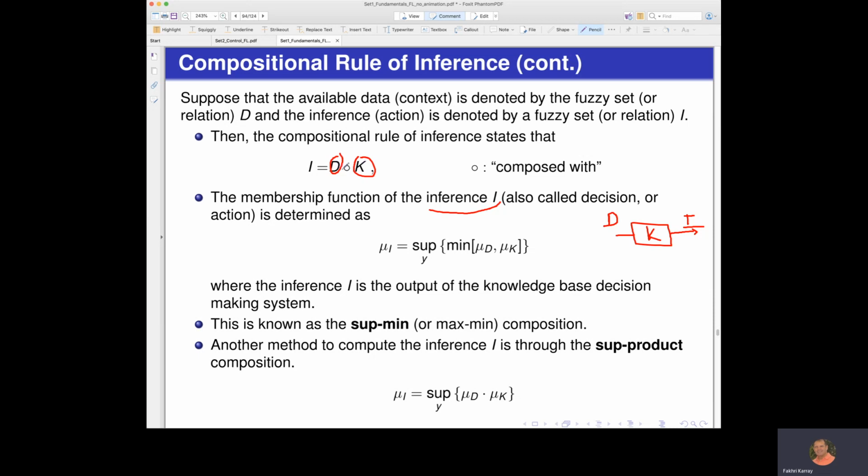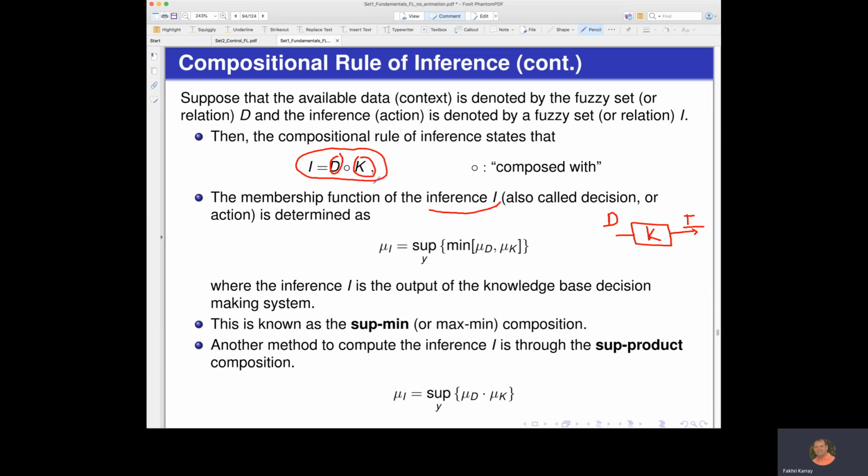So basically the engine is going to receive the input, and the outcome is going to be the composition of these data with the engine itself. And we are going to see certain types of operations here to do the computation. Without going into the mathematical details of this particular representation, we are going to define at least 2 or 3 operations that provide us with this type of inferencing mechanism. So this is the first part, which is going to provide us the decision-making process for that particular system.